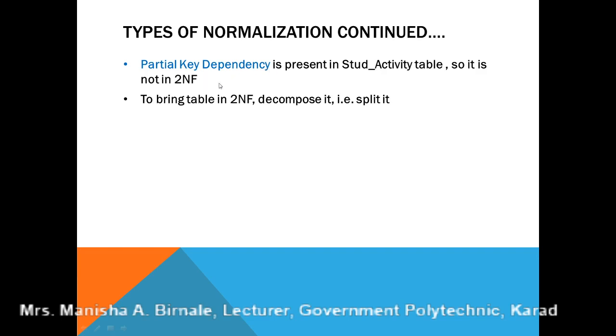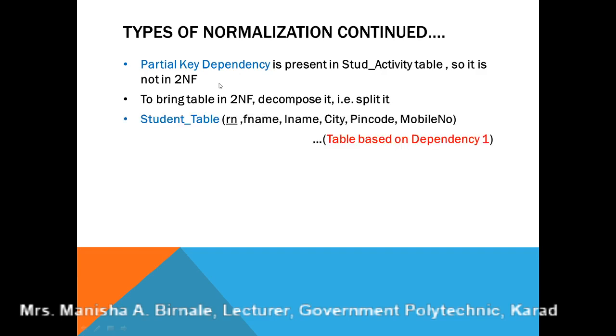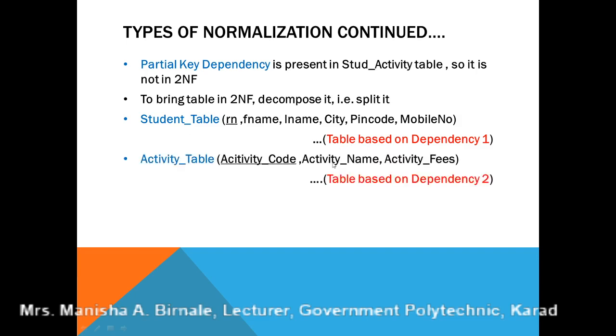So to bring the table into second normal form, we have to decompose it, that means we have to split it. So this will be our first table, student table. This table is created based on dependency 1. And this will be our second table, activity table. It consists of attributes activity code, activity name and activity fees. This is based on dependency 2.